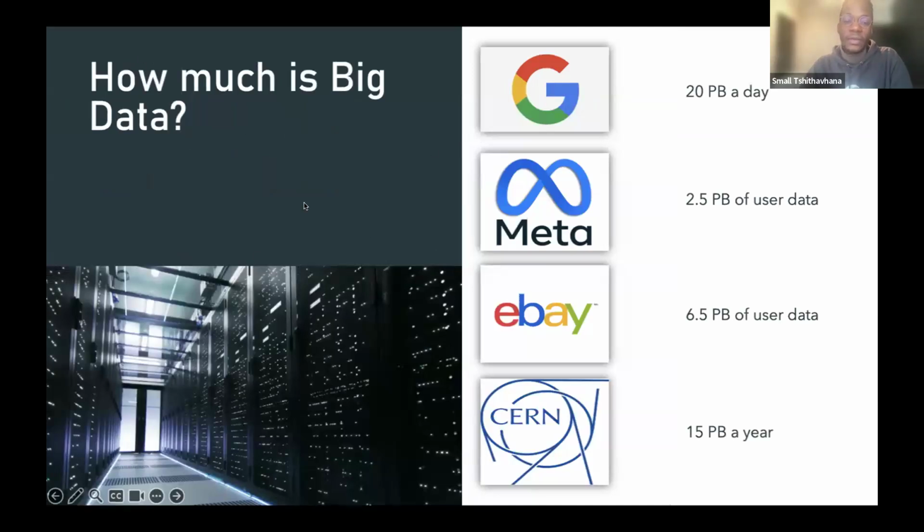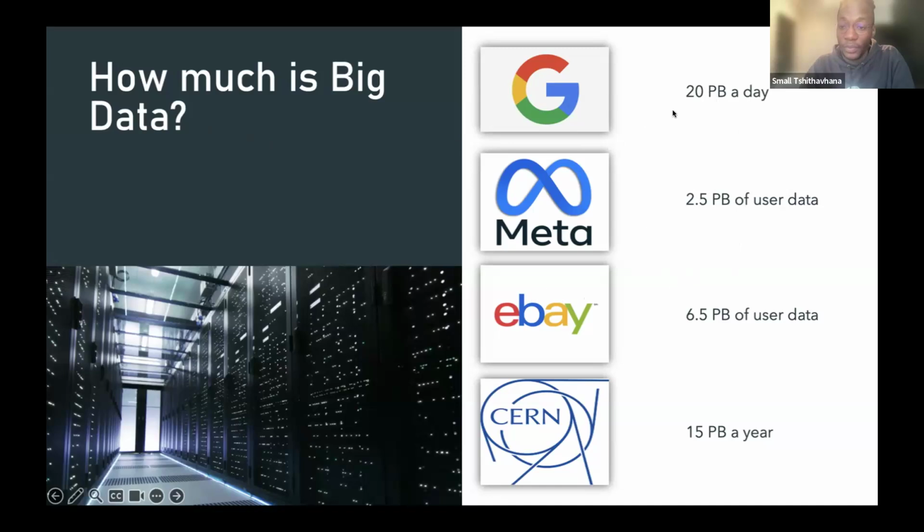So how much is big data? Just to give you context, Google collects 20 petabytes of data on a daily basis, and eBay collects 6.5 petabytes of user data on a daily basis.